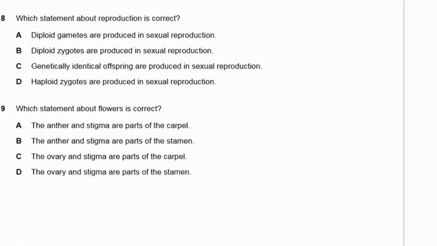Question 8. Which statement about reproduction is correct? Okay, if we look at this, we're talking about diploid and haploid and gametes and zygotes and genetically identical. Okay, so let's look at this. In sexual reproduction, because these all seem to be talking about sexual reproduction, sexual, not asexual, we have an egg plus a sperm.